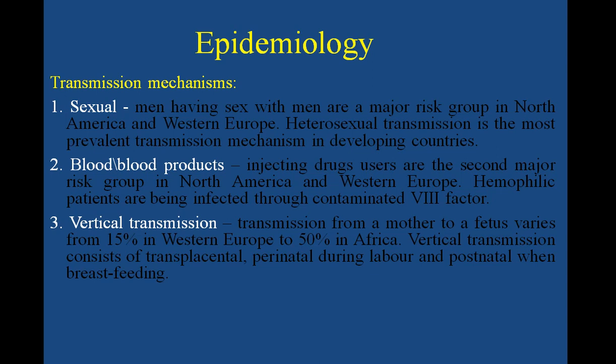Then vertical transmission from a mother to the fetus varies from 15% in Western Europe to 50% in Africa. Vertical transmission consists of transplacental, perinatal, during labor, and postnatal when breastfeeding.